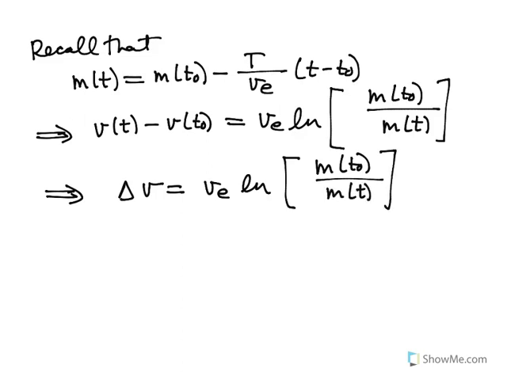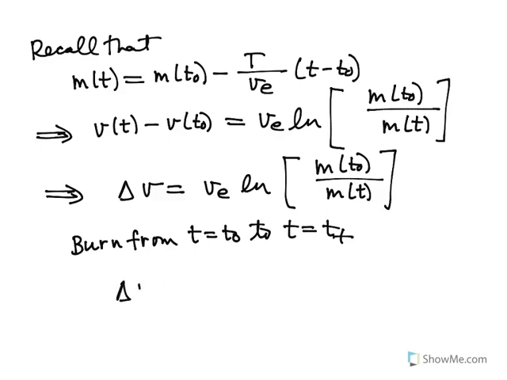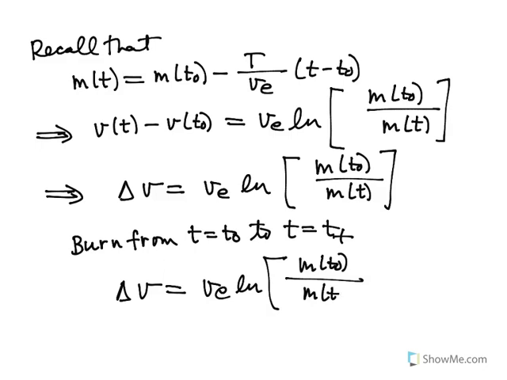Oftentimes, the way this is written is we say we do the burn from t equals t0 to t equals tf. And in the process, we wind up writing this as delta V is equal to VE times the natural log of m of t0 all divided by m of tf.